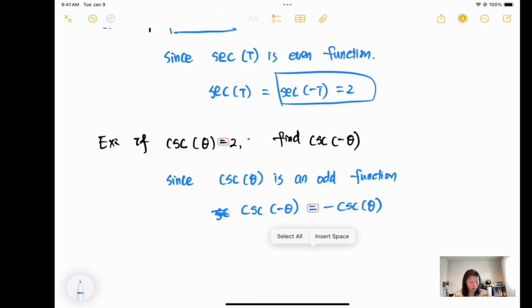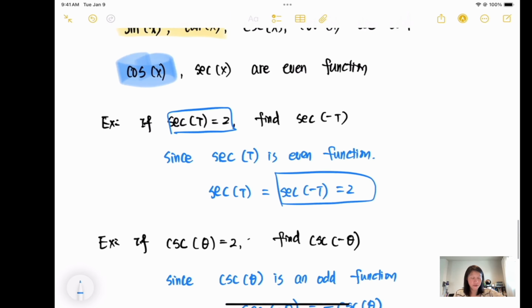And our cosecant theta is equal to 2. So that means negative cosecant theta is equal to negative 2. So now we solve it. Our cosecant negative theta is equal to negative 2. That's it. That's how to apply the odd and even functions.